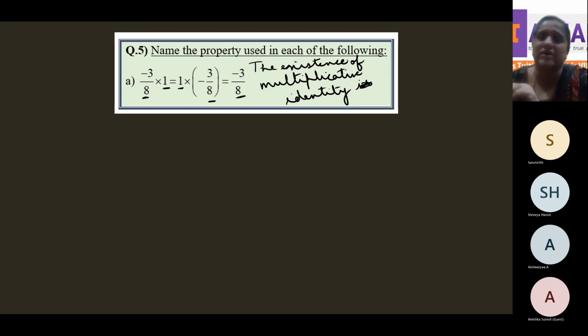I had given the role of 1, but it's better we say what I've written here, or you can simply say multiplicative identity. Again, different teachers have different ways of expressing the concept. So if your teacher uses that in school, yes, you can go ahead with that. But this will be appropriate, what I've written here.